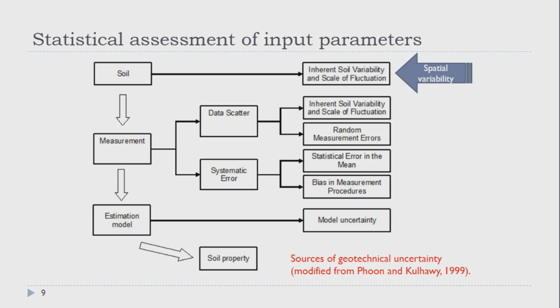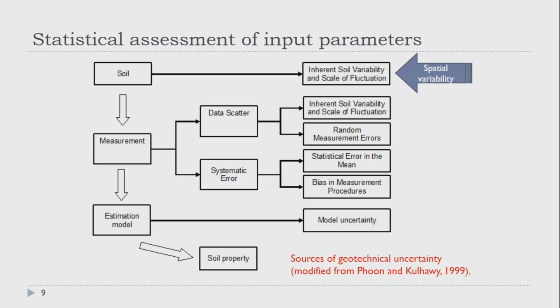Then we have uncertainty because of imperfections in our measurement procedures. This can be divided into data scatter and systematic error, which we actually don't want to deal with in our modeling. What we want to do is have adequate protocols in the laboratory to minimize the systematic errors.